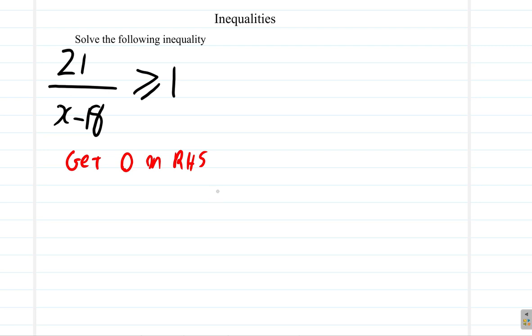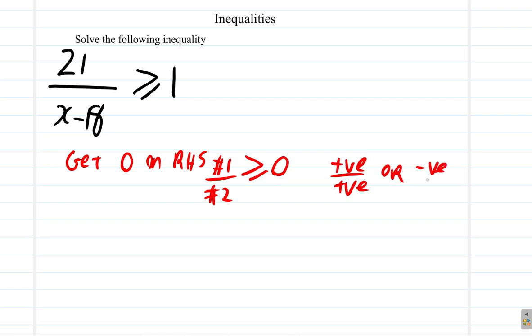If you have an expression that is greater than or equal to 0, and it is a number 1 divided by a number 2, whatever it is, it means that you have a positive divided by a positive, or a negative divided by a negative.